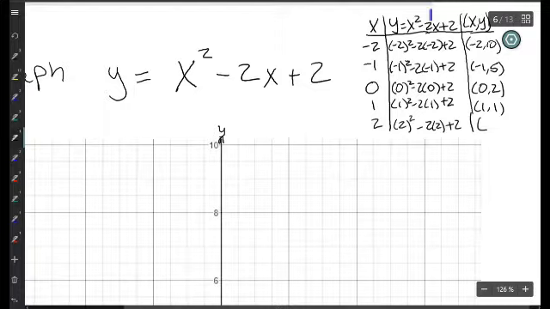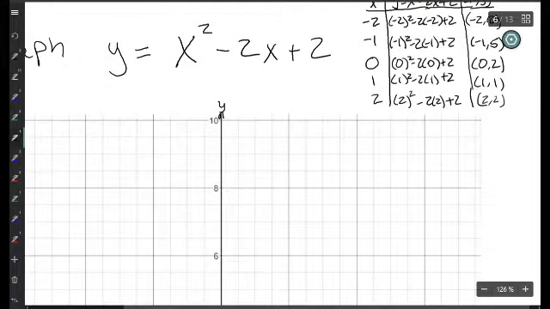So 4 minus 4, 0, 0 plus 2, 2. 2 comma 2. And at 3, we have 3 squared minus 2 times 3 plus 2. So 9 minus 6, 3. 3 plus 2, 5. 3 comma 5.